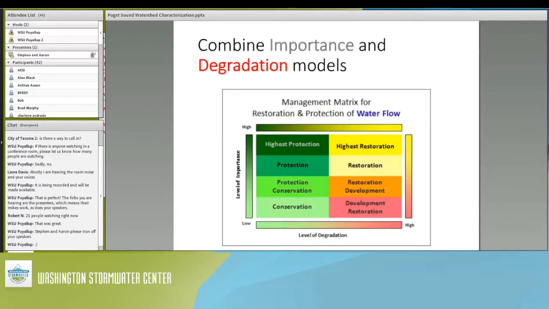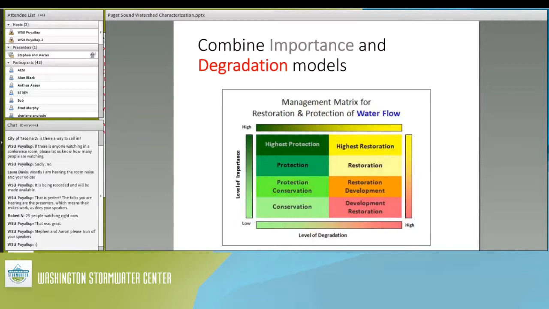So we then take those two outputs and we put them in this management matrix. On the left side, we have the level of importance from low to high, and then along the bottom, we have the level of degradation from low to high.